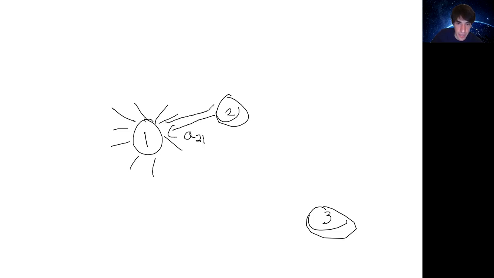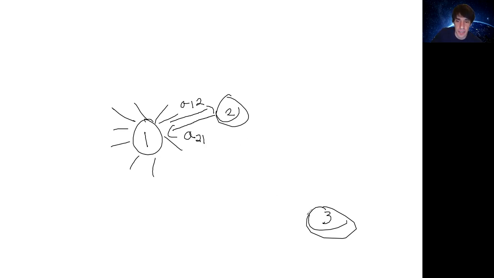And then like conversely, A12, the acceleration on body 1 due to Mercury is pointing in the direction of Mercury, because like Mercury pulls the sun a little bit towards itself.